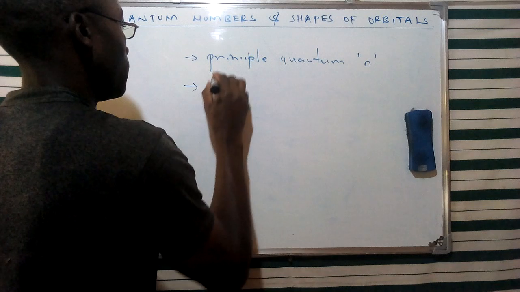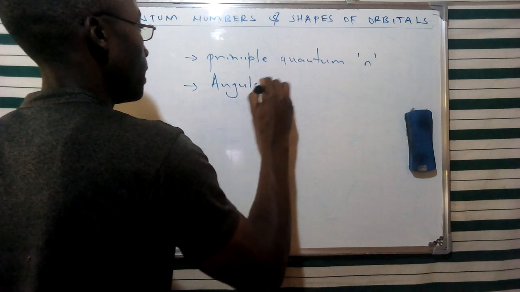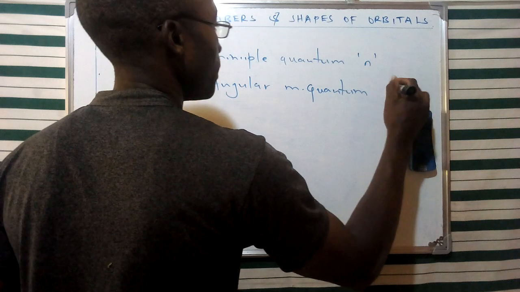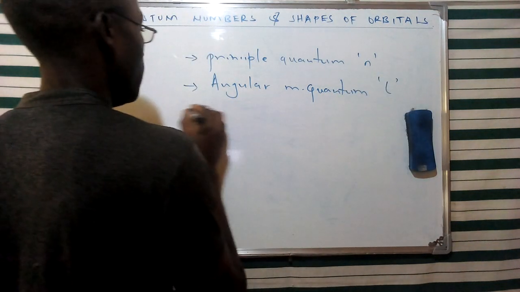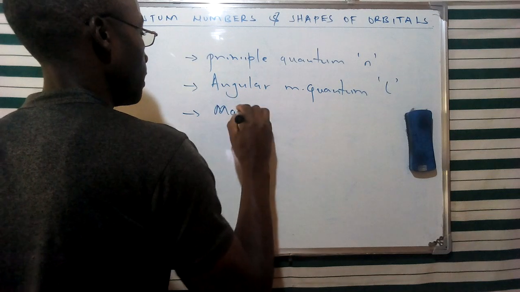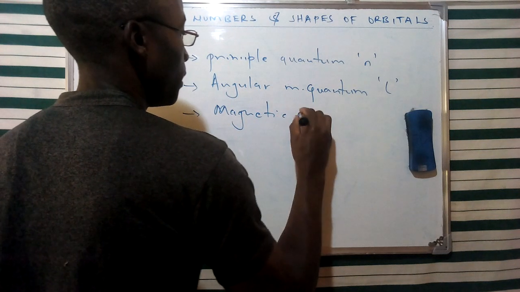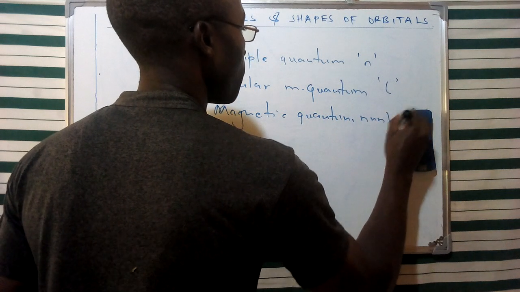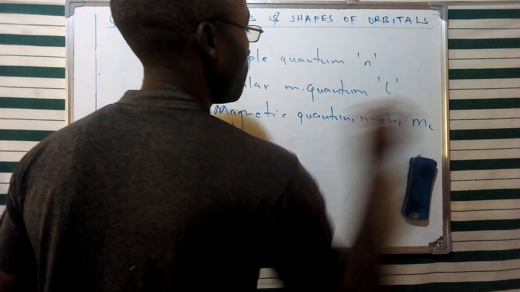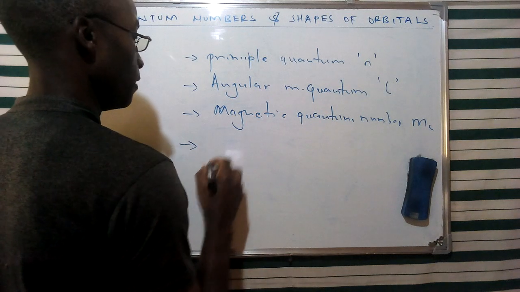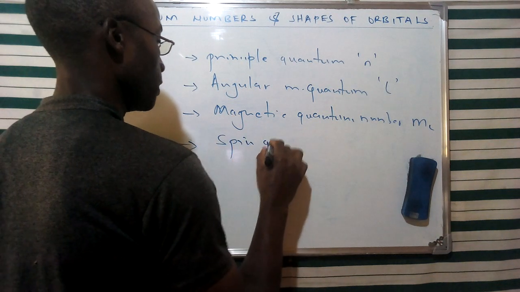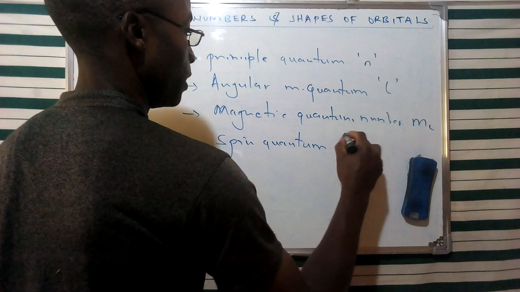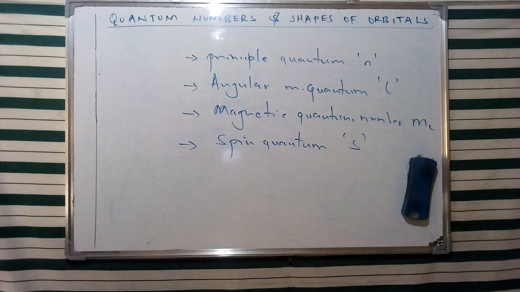Then I mentioned the angular momentum quantum number, which we designated using L. Then we mentioned the magnetic quantum number, which we gave in terms of ML. And the last one is the spin quantum number, which I'm going to elaborate on in this specific discussion. We gave this one using the initial S.